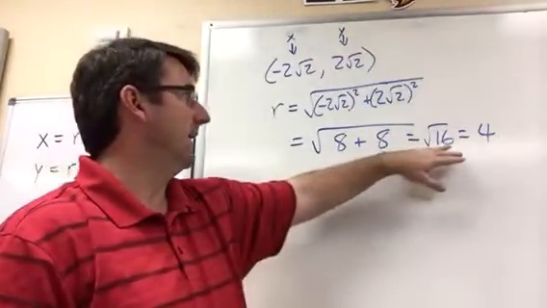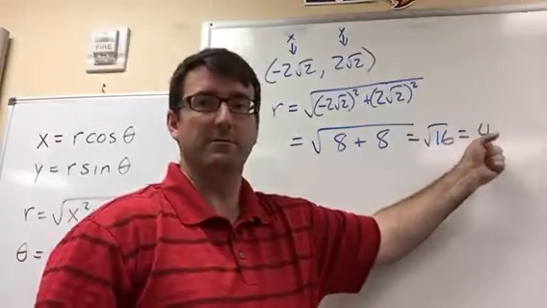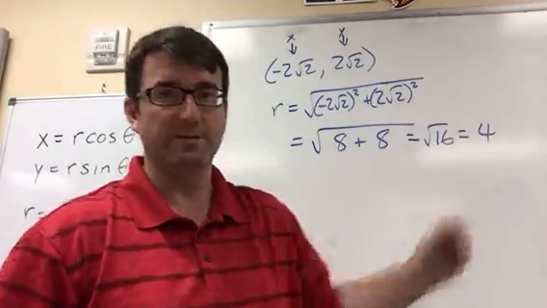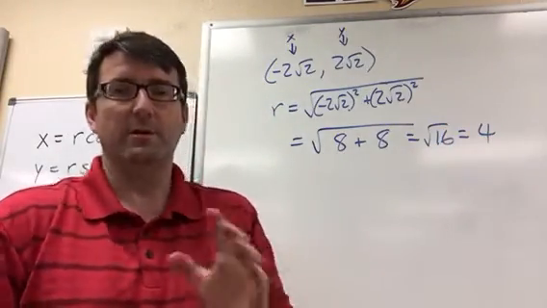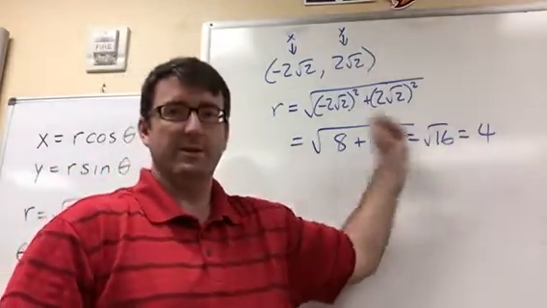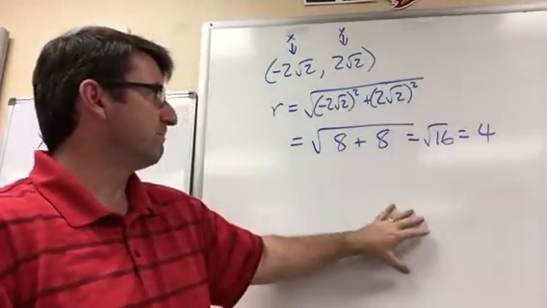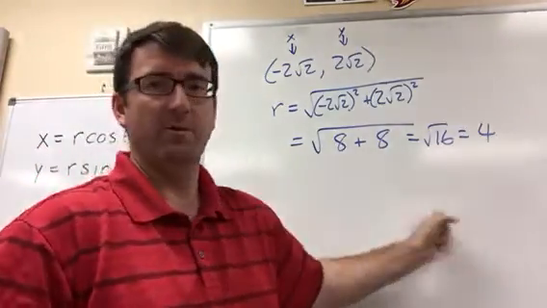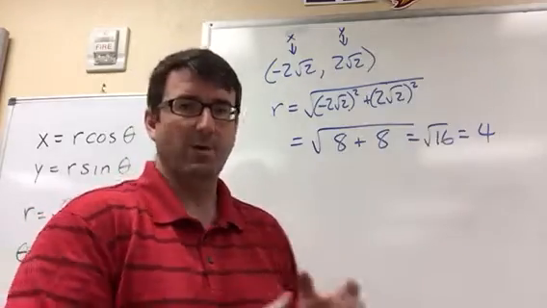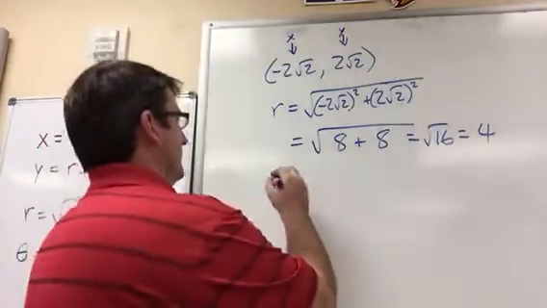And again, we want to be in the habit of calling this plus or minus 4 whenever we do a square root. But we're always going to have our r be positive, and then with our theta, we'll make sure that our theta gets us in the right quadrant. Okay, so r is 4.